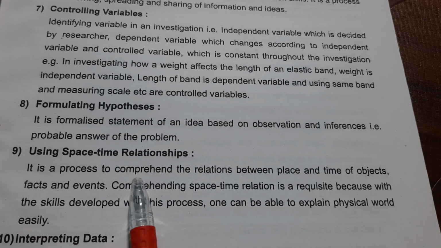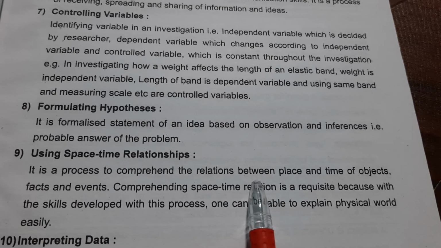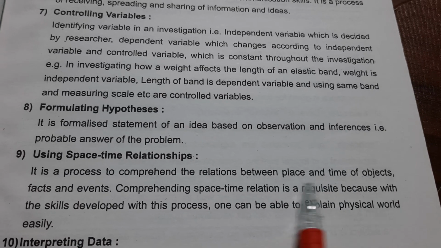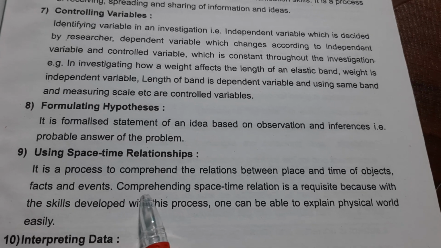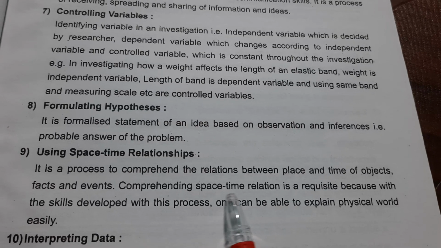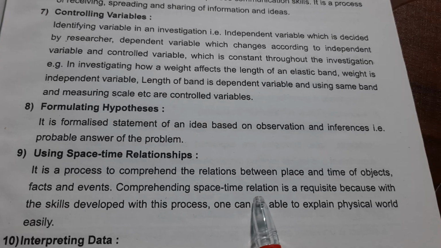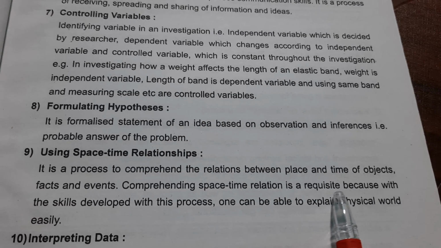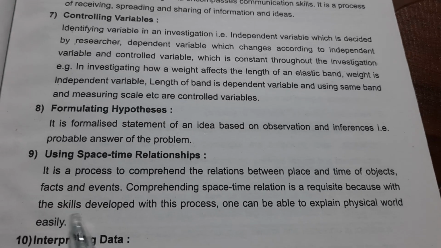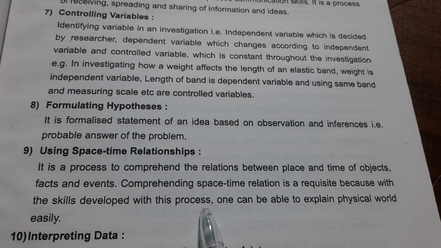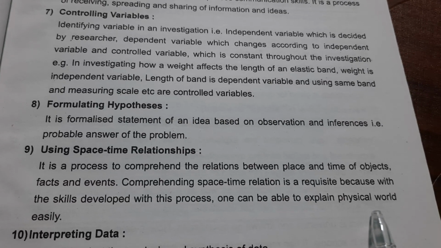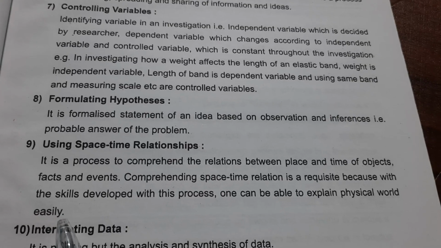It is a process to comprehend the relationship between place and time of objects, facts and events. This relation is required because with the skill developed with this process, one is able to explain the physical world easily.